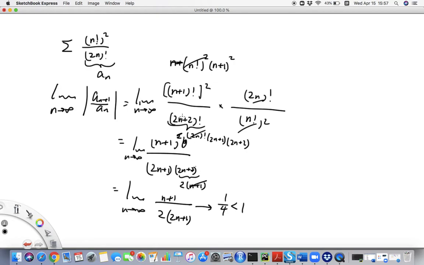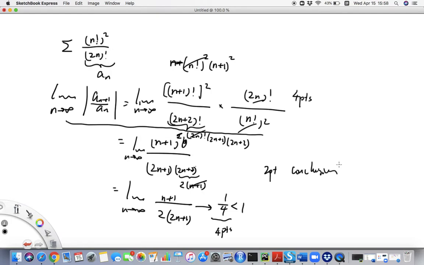So I graded this problem. Here's my marking scheme. First, the correct setup for the ratio test, basically this step, that's 4 points. Correctly evaluate the limit, that's 4 points. And 2 points for the conclusion.